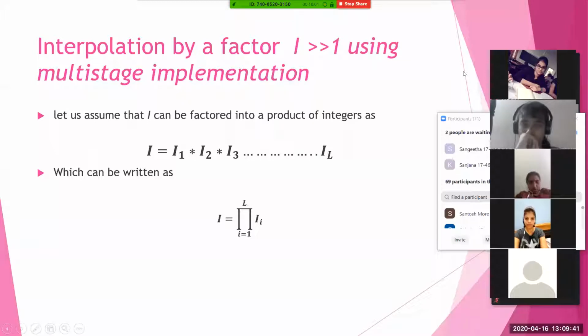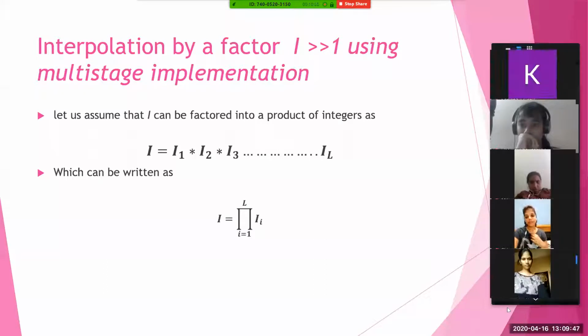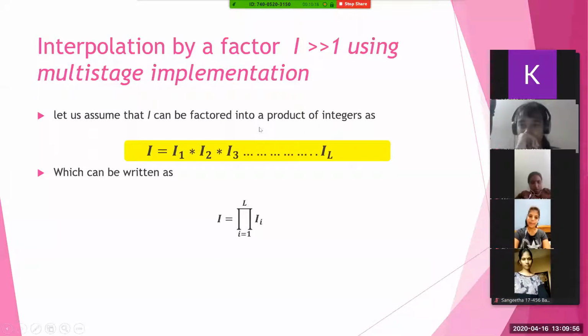multi-stage implementation, in which we are going to factor the given interpolation factor or decimation factor into a product of integers. For instance, let us say I have an interpolation factor of 100.